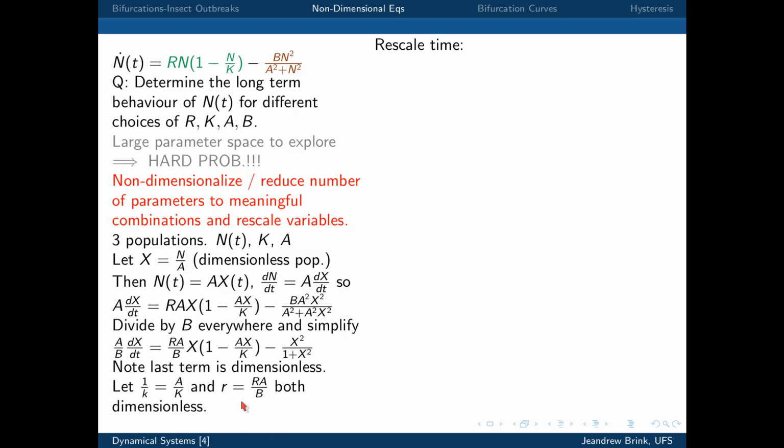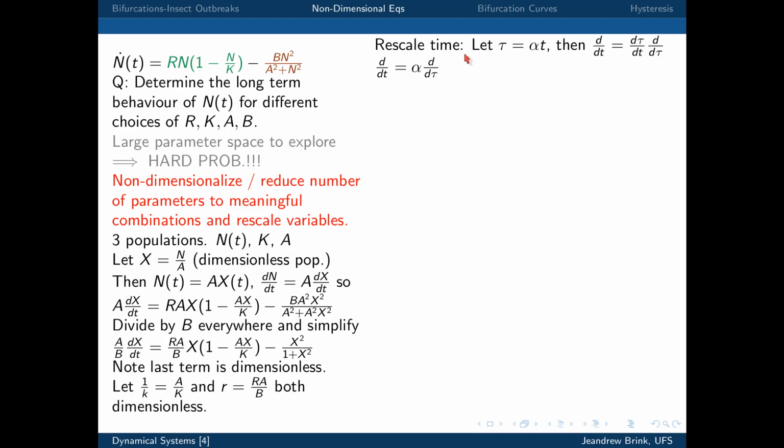What we can do next is rescale the time, because I have a parameter entering in here as well, and I can simplify it further. I rescale the time by saying let tau be the new time, equal to alpha t. If I do that, the derivative with respect to time just becomes d tau/dt times d/d tau, and d tau/dt is just alpha.